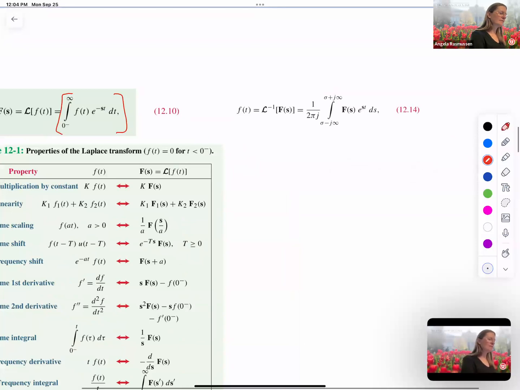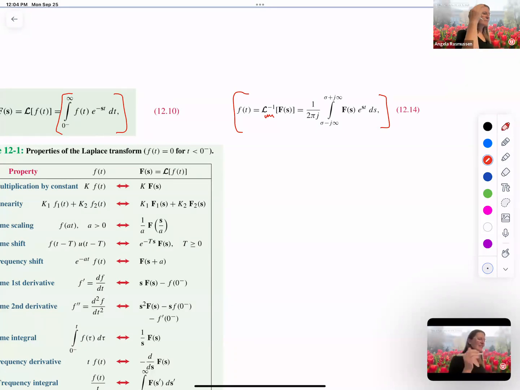The inverse Laplace is this one, where you have the squiggly L with the -1. So that denotes an inverse Laplace. And then it's of that capital F of S, and then that goes back to f of t. And then you take 1 over 2 pi j and integrate from sigma minus j infinity to sigma plus j infinity, the F of S, which is your S domain signal, e to the st ds.